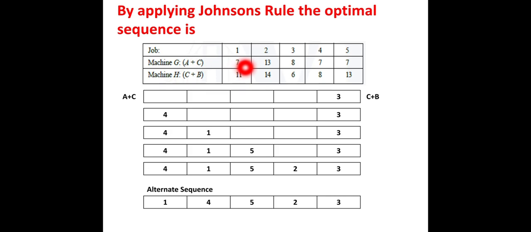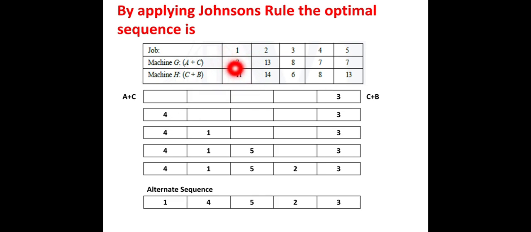In this case, I also consider the minimum time under machine H, and see which combination of minimum times there is. Job 4 has 7 and 8, hence I consider this. Since the minimum is at A plus C, I sequence it here. The next combination of minimum under machine G and H is 7 and 11.